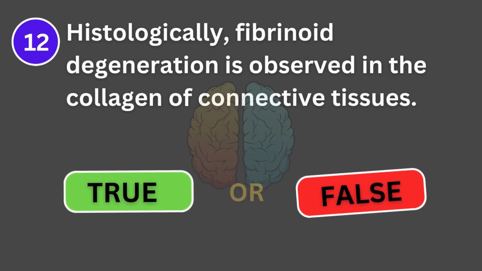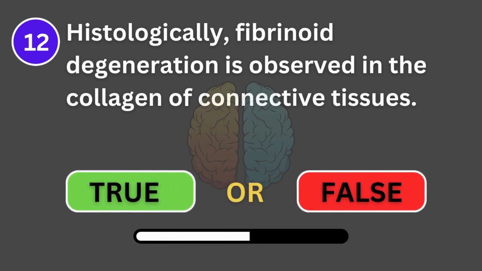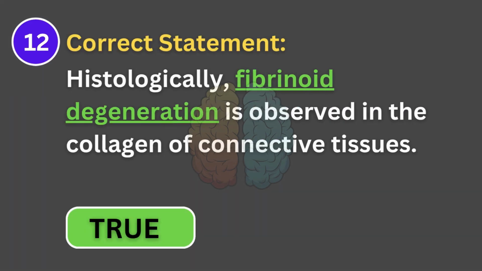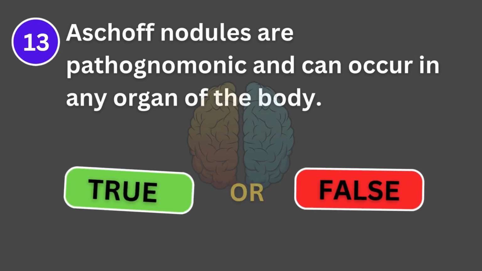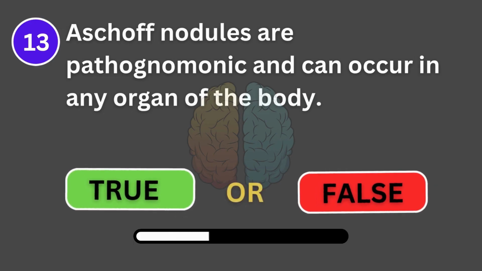Histologically, fibrinoid degeneration is observed in the collagen of connective tissues. Aschoff nodules are pathognomonic and can occur in any organ of the body.